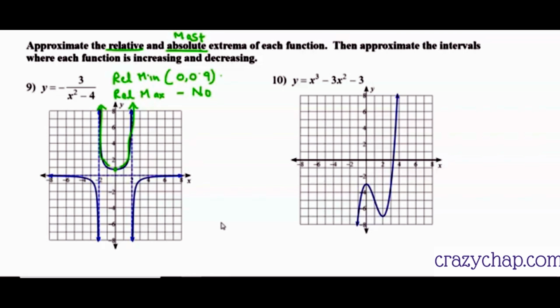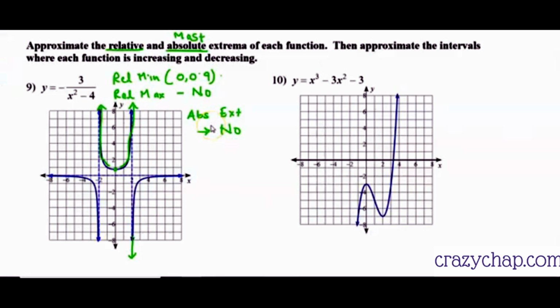Okay, we had to talk about the increasing and decreasing interval also. So let's talk about the increasing function in question number 9 first. The function is increasing, you can see, from 0 to 2, because at 2 there is a vertical asymptote, so the function does not touch 2.